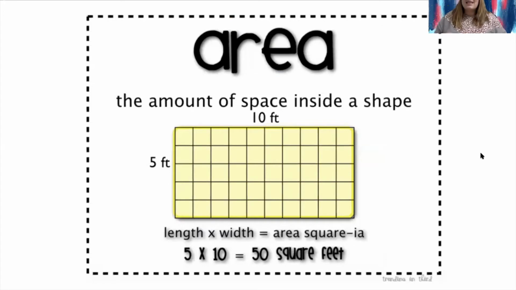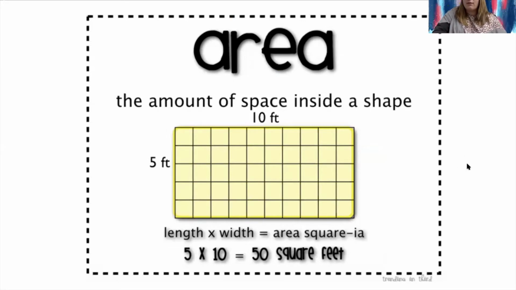The next one is the area. The area is the space inside a shape. This is where we have what we call formulas to solve for different shapes.